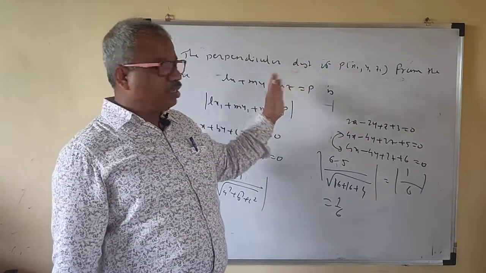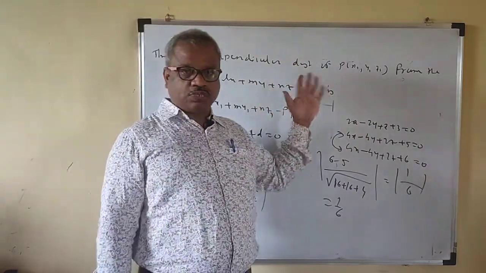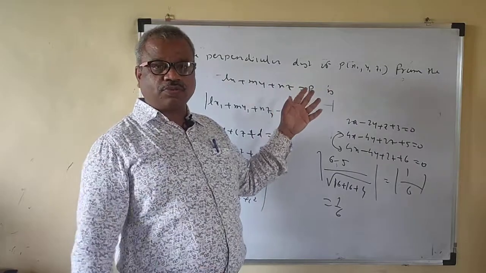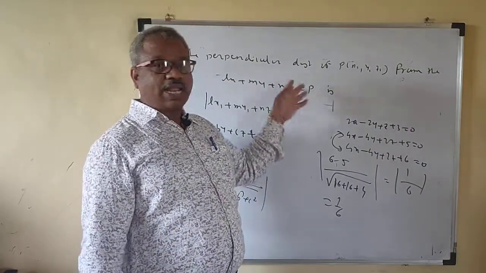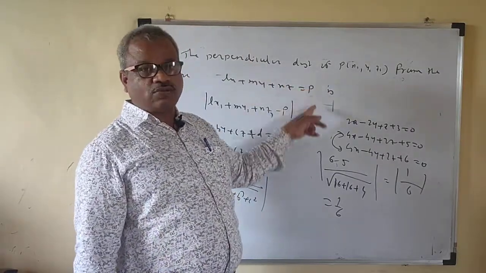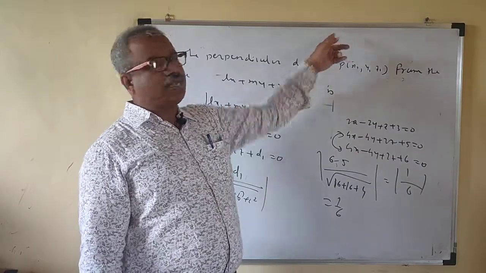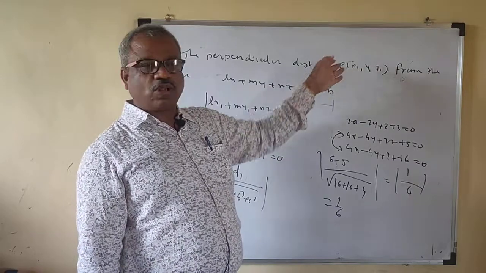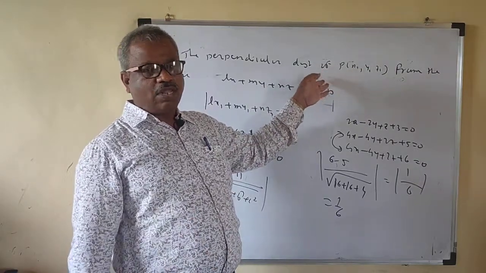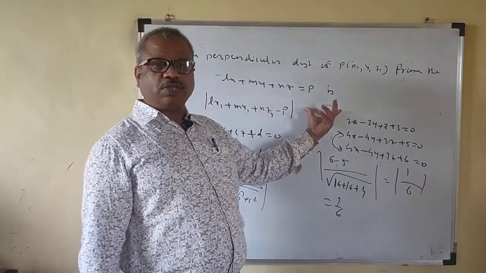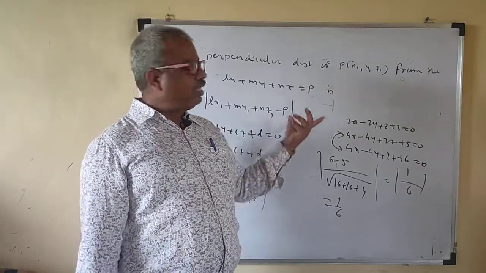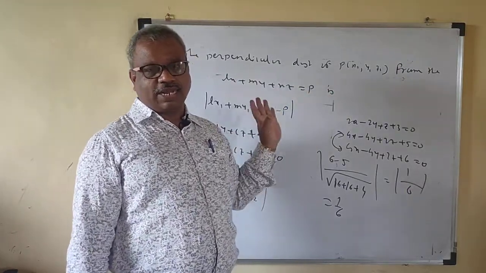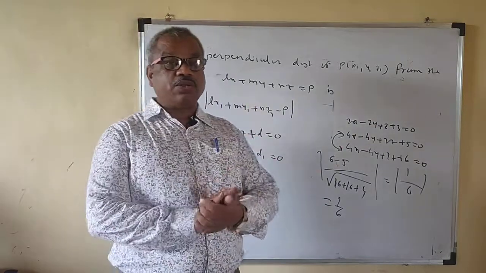There may be one or two options that satisfy it. Then check the perpendicularity condition. If it is not perpendicular, then that will not be your option, and the second option will be your option. Don't do any calculation for this one, directly select that as the option. I hope that you can do this one.